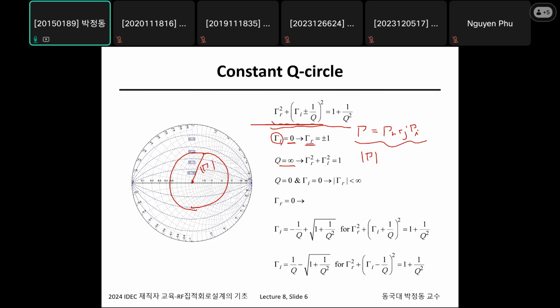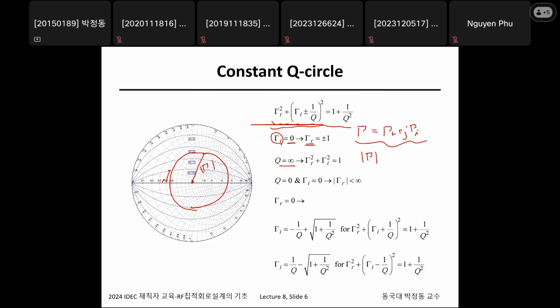Using those conditions, you can draw gamma R and gamma I as a function of quality factor Q. Then you can get this constant Q circle. So the design objective is to touch the lowest quality factor circle.